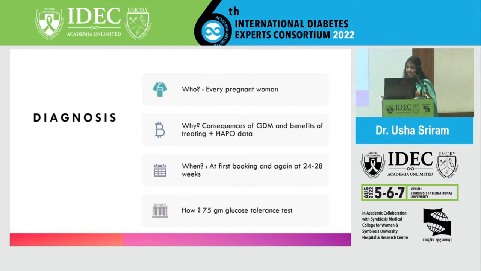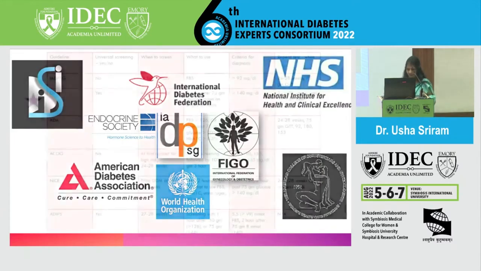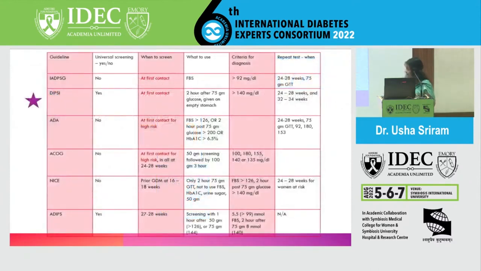Now comes the biggest problem that we have had over the years, because there are multiple societies. All of these have their own criteria for diagnosing GDM, and this may also be the reason why we are not able to come up with a quick solution, because each society has its own way of dealing with this particular problem. So now you can see I have just tabulated all of the societies.